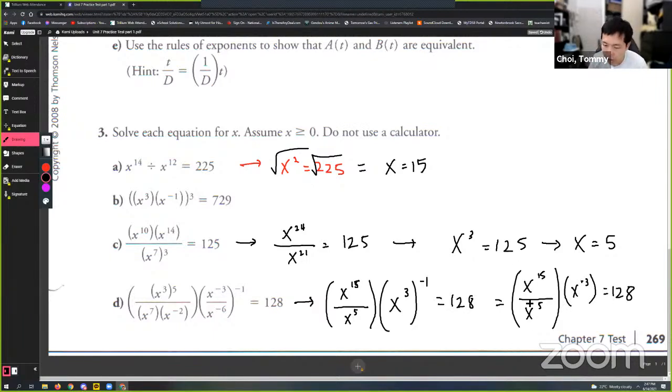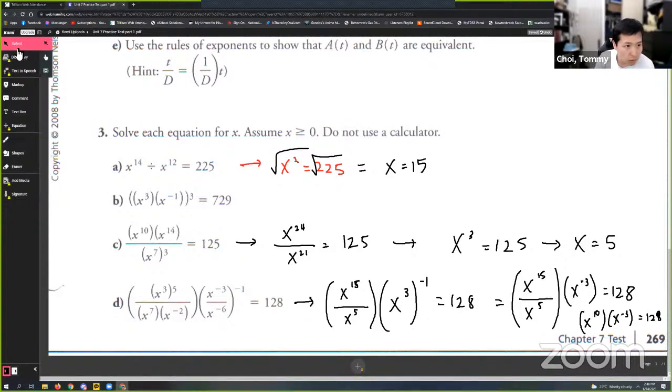And x to the power of 15 divided by x to the 5 is going to give us, I'm running out of space. I wrote too big. x to the power of 10 times x to the power of -3, which equals 128. And then you can see where this goes. I'm running out of space. I don't know how I'm going to write this out.